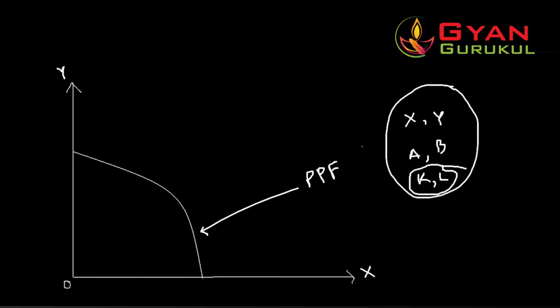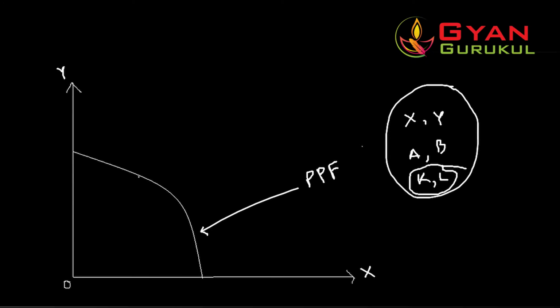We have already learned about this curve in our previous lessons. If you haven't watched it, you can go back to our previous videos and see what the production possibility frontier is.